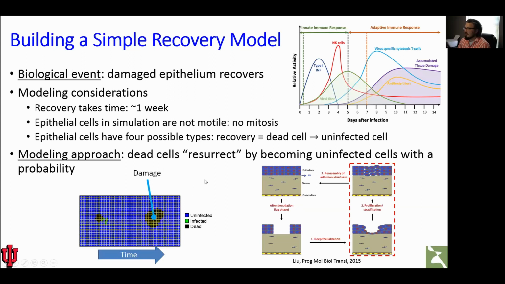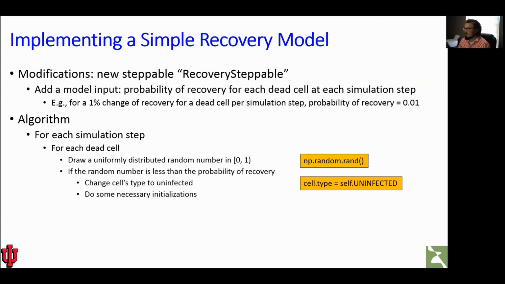For now, we will do as follows. We will say that a model input for a simple recovery model represents the time that it takes for a dead cell to be replaced with a new living uninfected cell. So our one model input will be a representation of how long it takes on average to replace a dead cell with an uninfected cell, and we will do this by assigning a probability of recovery.